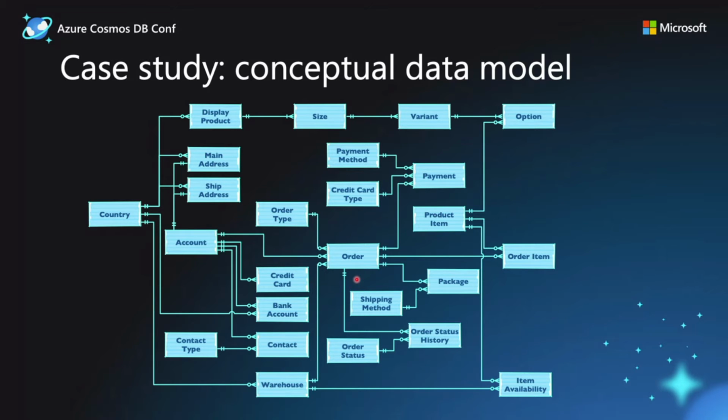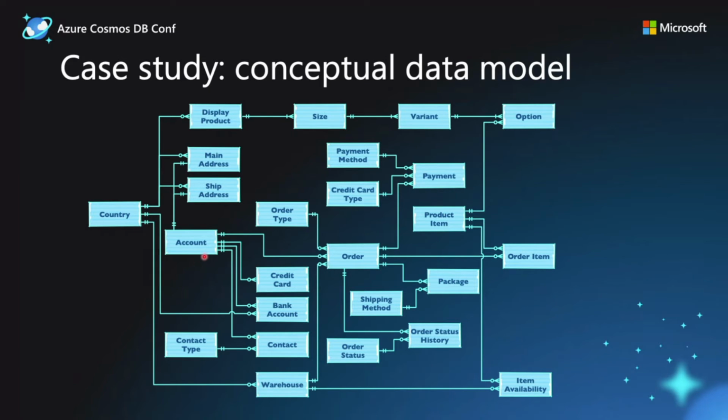Each order contains a list of order items, and it could also contain a list of payments in scope of one order, with different payment methods and using different credit cards. One order could contain many packages with different shipping methods. Each order also has some order status history, and each order is bound to a particular account. So account means a particular customer or client.